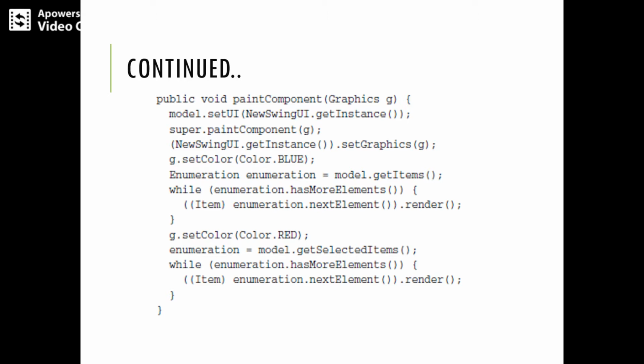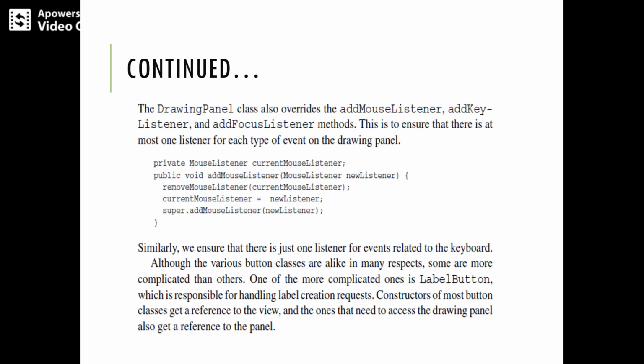Then g.getColor should be red for the enumeration of model.getSelectedItem. While the enumeration has more elements, the item of that enumeration is taken and rendered.